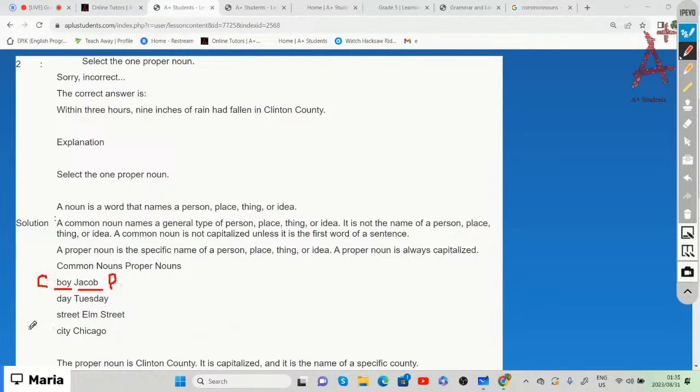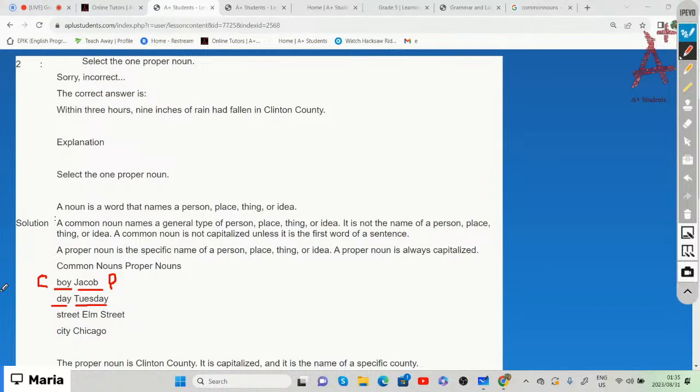Then we have day, and then we have Tuesday. If you say we are going to the beach on that day, but you did not mention what day, I am going to wonder what day we are going to the beach because there are 7 days in the week. Are we going on a weekend, which is Saturday and Sunday, or are we going in the week?